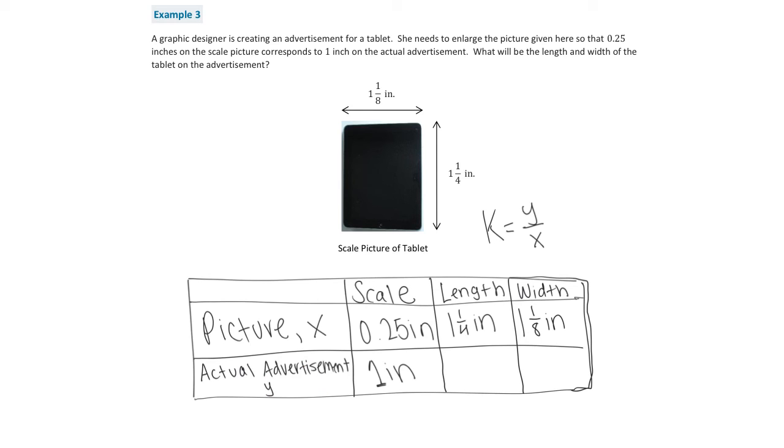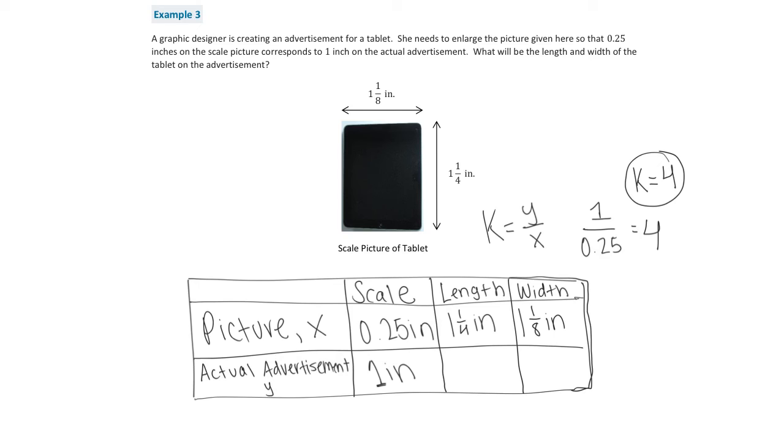So in this case, our Y value is 1 over our X value here, which is 0.25. Now go ahead and get out a calculator and put 1 divided by 0.25. All right, after you are done calculating, you would have gotten 4. So K, our constant of proportionality, equals 4.